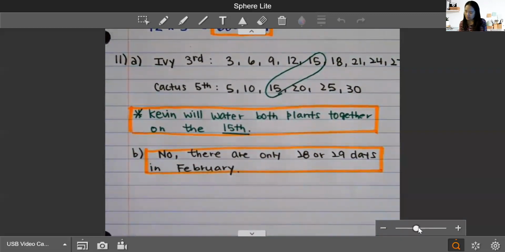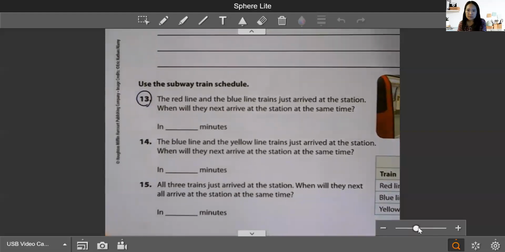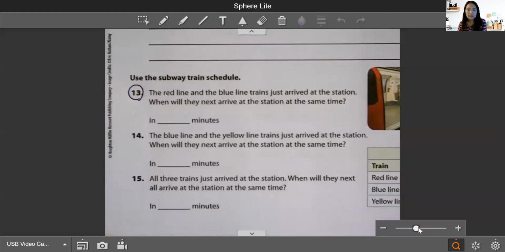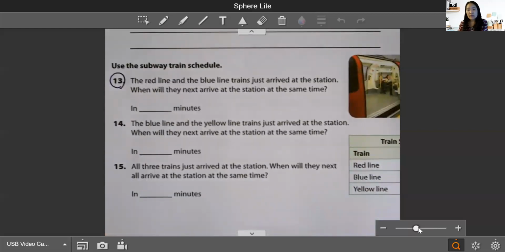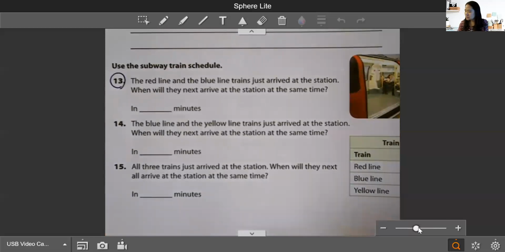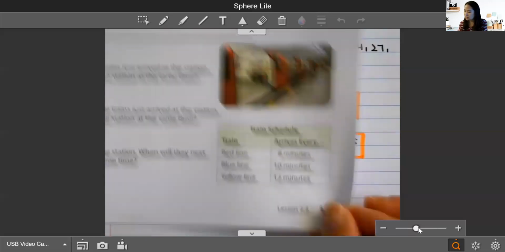Okay, and then what I'm going to do is 13, 14, and 15 are also similar types of word problems. I'm not going to do all of them because you should be trying some yourselves, but I am going to do one problem. It says use the subway train schedule. So here I have the subway train schedule.